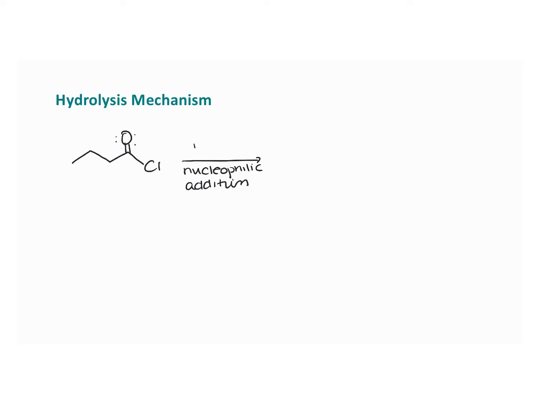Okay, and so what's going to happen here is we have water, and these electrons are going to come in and they are going to attack that carbonyl carbon because that's partially positive because that oxygen is partially negative. And those electrons are going to jump up there onto that oxygen.